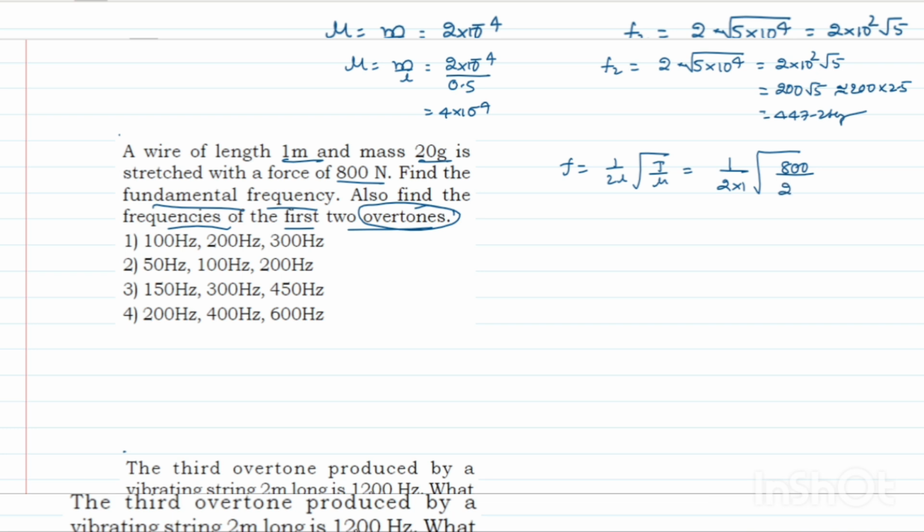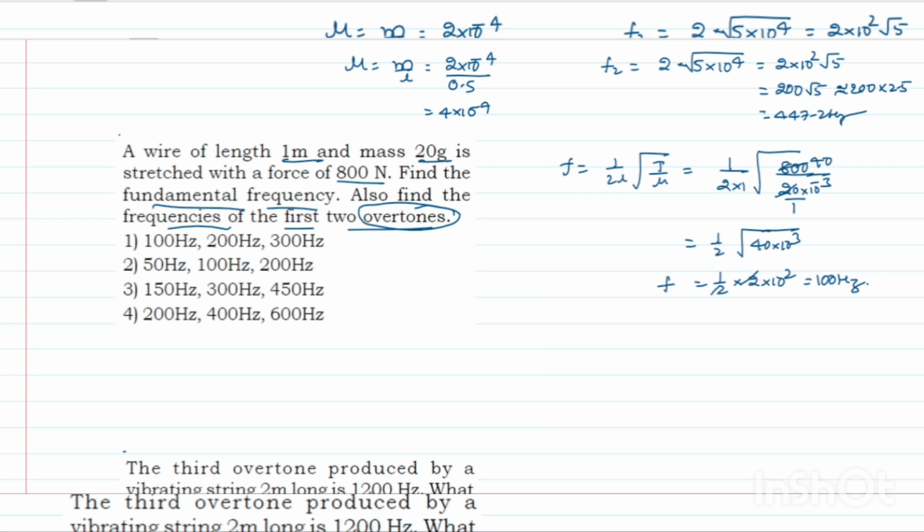Mass is given as 20 grams, you have to convert it, by length 1 meter, which is 40. So 1 by 2 into root of 40 into 10 power 3, which is 4 into 10 power 4, and bringing it outside, 2 into 10 power 2. So the fundamental frequency is 100 Hz.